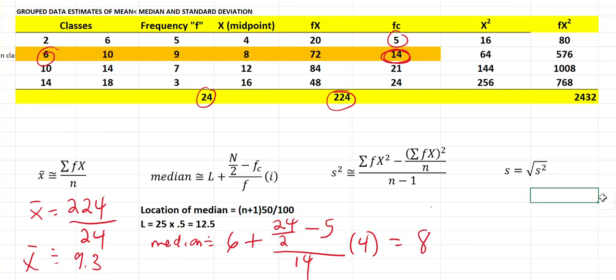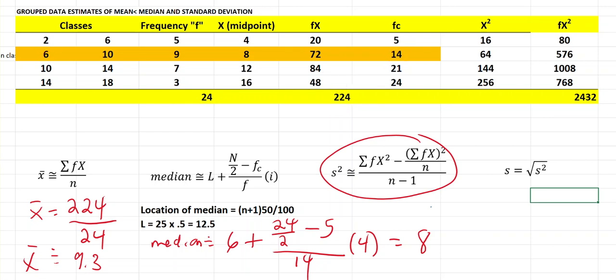Okay. So last of all, we're going to compute the variance. The variance will be this, right? Let me erase all that. The variance is the sum of fx squared, which we have computed as 2432, minus the sum of fx all squared.